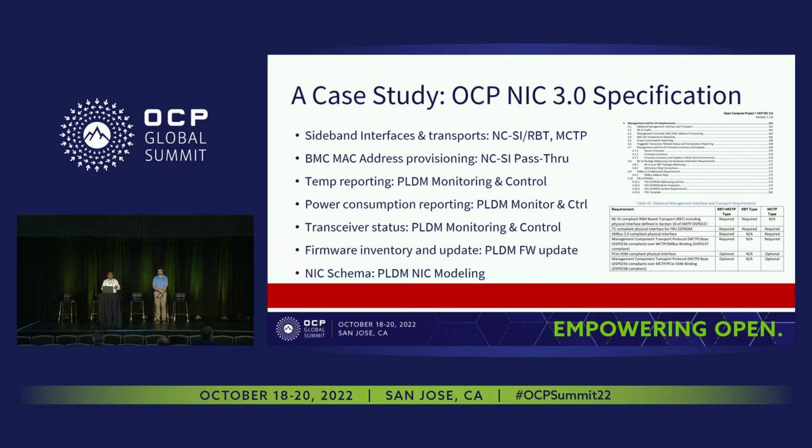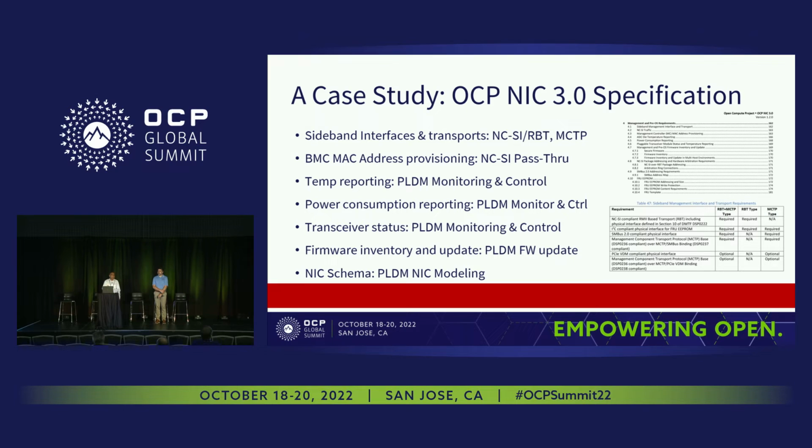If you look at it from the use cases standpoint, that's how we thought about the features we want. So rather than going off and defining yet another set of protocols and data models to cover that, what you see on this slide is that case study.